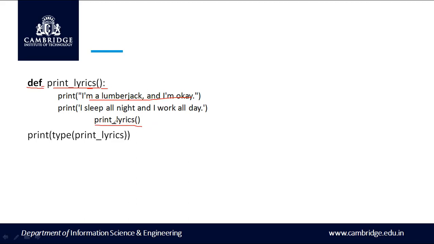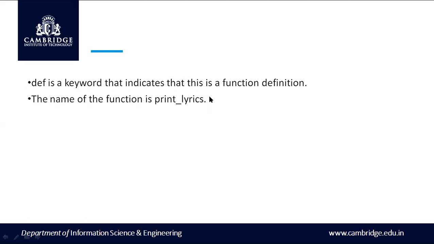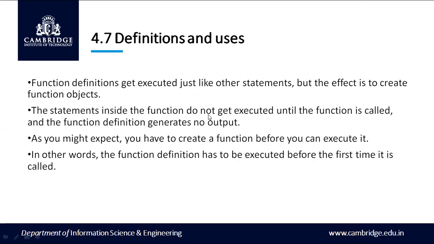Once you execute this statement, the control flow will move to this particular function and it prints the two statements that are defined within the function print_lyrics. That is how you call a function. So def is a keyword that indicates that this is a function definition. The name of the function is print_lyrics.